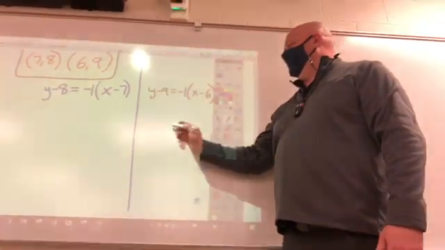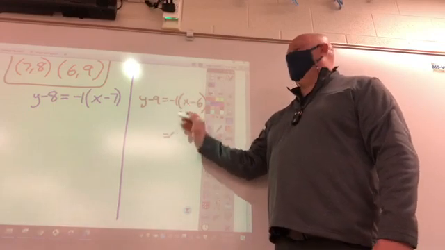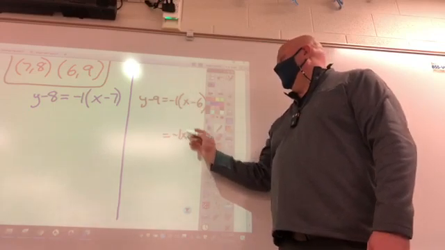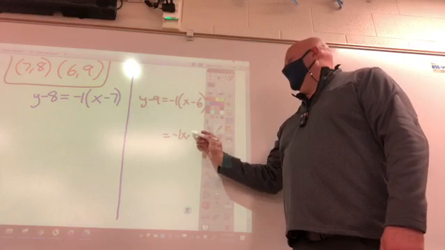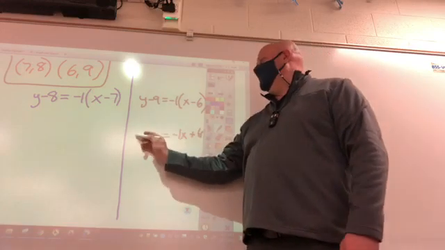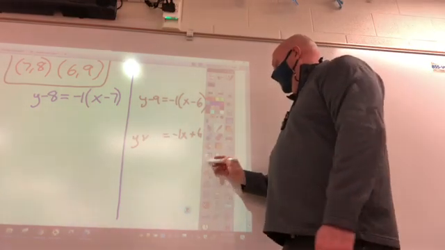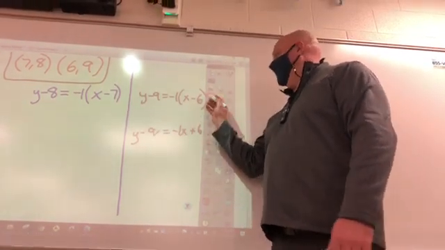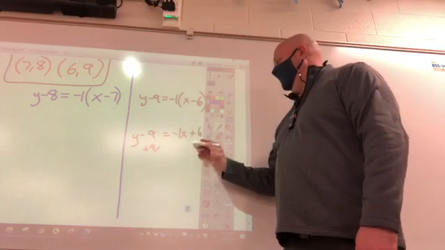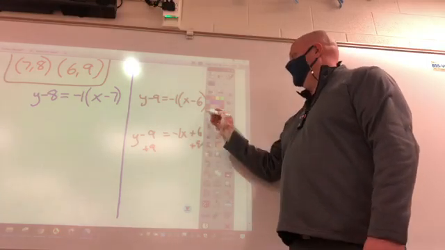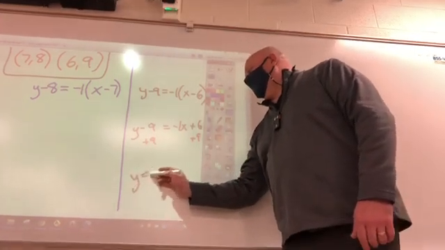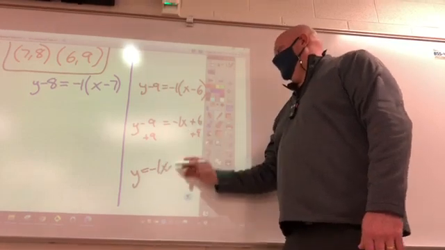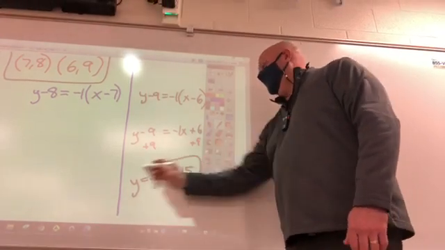So if I distribute here, negative 1 times x is negative 1x. Negative 1 times negative 6 would be plus 6. y minus 9. How do you get rid of that minus 9? You add the 9. What's 6 plus 9? So I get y equals negative 1x plus 15.